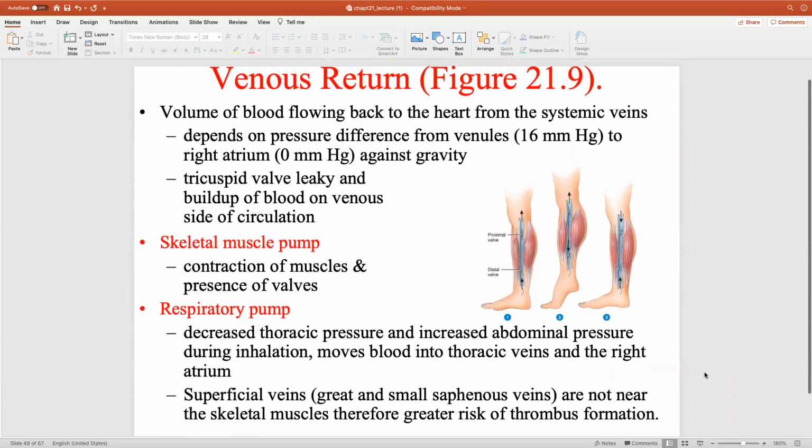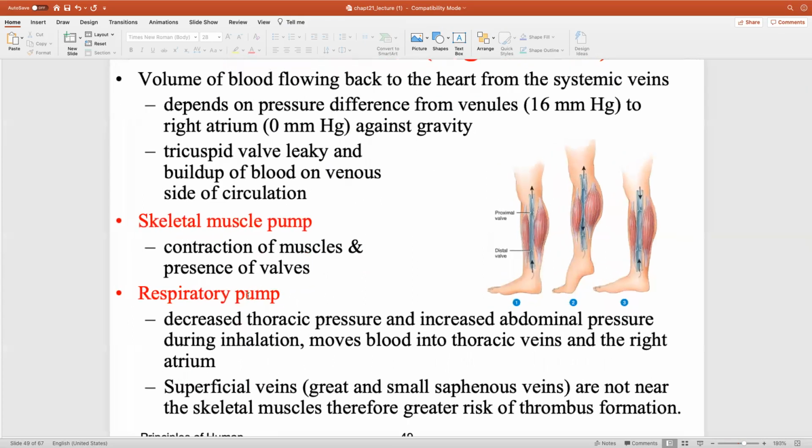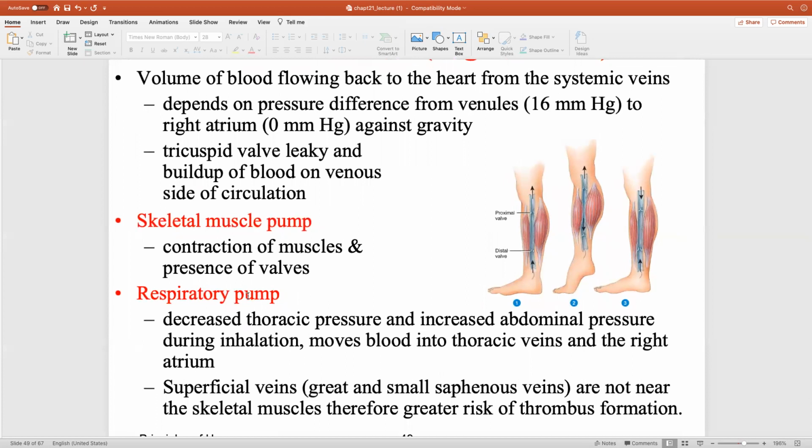Now, why did I mention this? Because this venous return is caused by the skeletal muscle pump and the respiratory pump working with the valves to move blood against the force of gravity into the inferior vena cava. And from the inferior vena cava, breathing exercises allow us to move blood from the inferior vena cava into the right atrium.